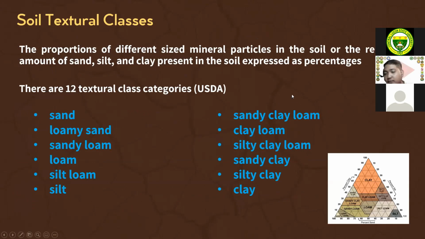So other than that, three textural classes, these are the other textural classes, the 12 textural classes which can be found in the soil textural triangle ng ating USDA na ginagamit natin during hydrometer method. So the proportions of different size mineral particles in the soil or the relative amount of sand, silt, and clay present in the soil expressed as percentage.